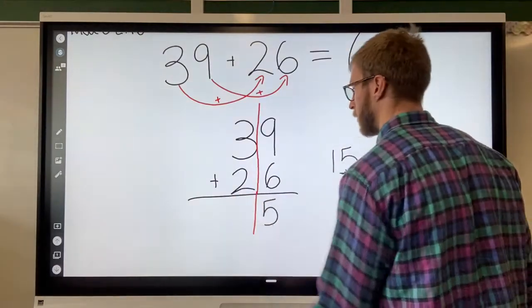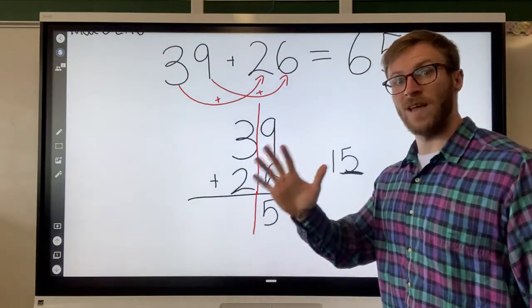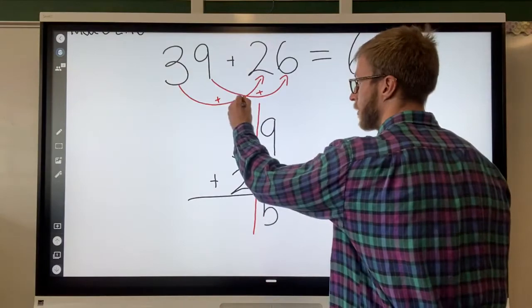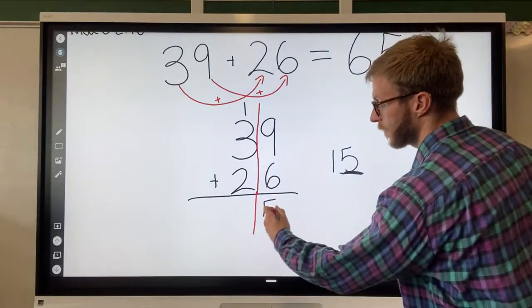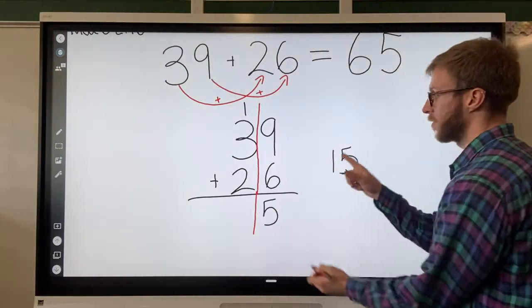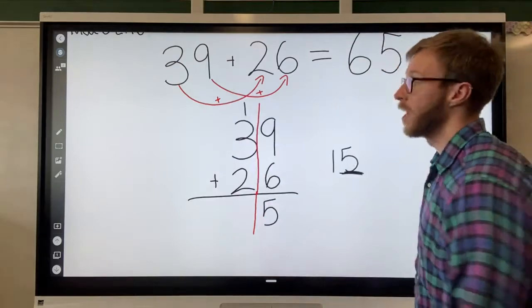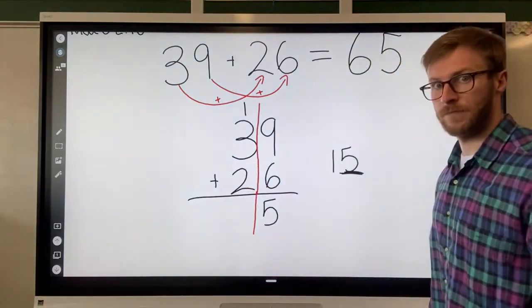Now this is my 10s place. I have 3 10s plus 2 10s. That equals 5. However, I have this one here that I'm going to carry over and put up here. Okay? So the 5 in 15 goes here. The 1 10 in 15 comes up top. So now I have 1 10 plus 3 10s plus 2 10s.